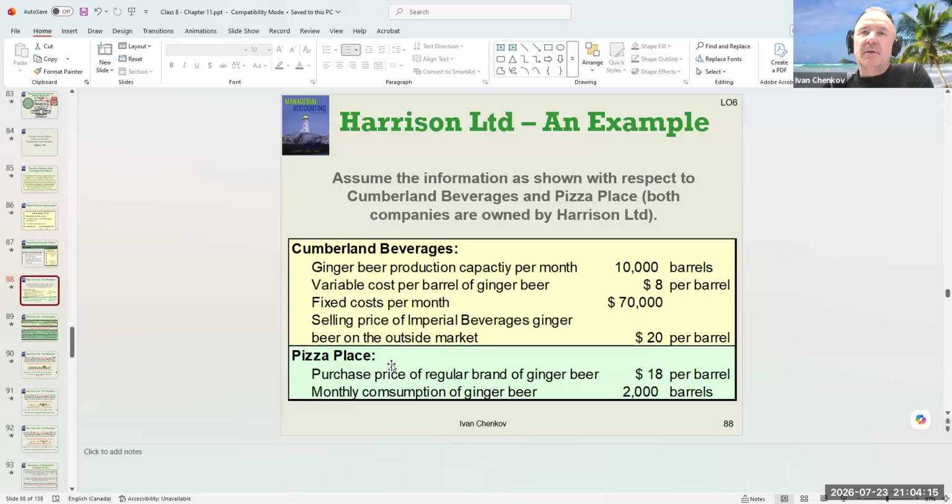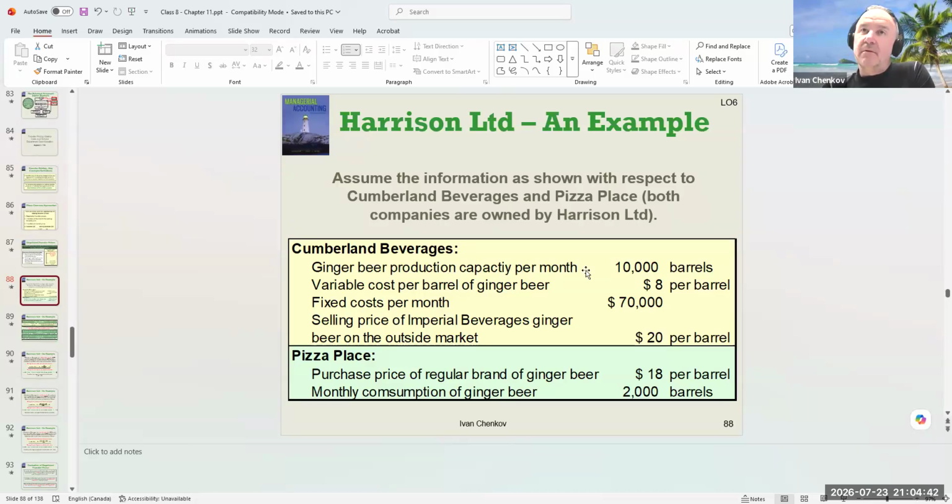Now the same company also has a pizza place. The pizza place purchases ginger beer from outside for $18. And the monthly consumption of ginger beer is 2,000 barrels. So let's think about it. We're making the ginger beer and selling it outside for $20.